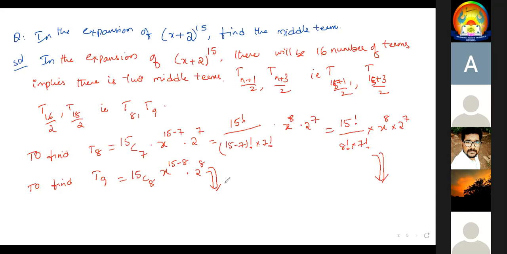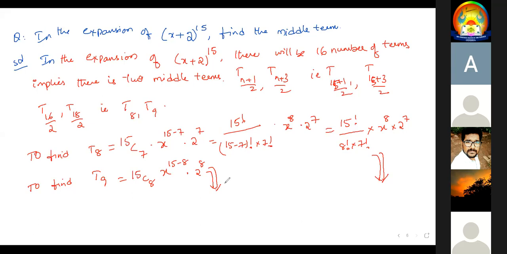See, in the expansion of x plus 2 whole power 15, they are asking what the middle term is. Whenever you are calculating the middle term, first we have to find how many terms there are. Since the power is 15, there are 16 terms.